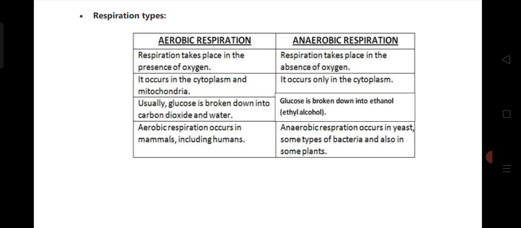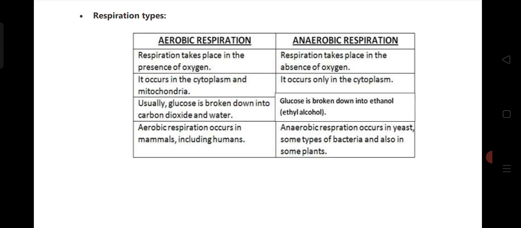Aerobic respiration takes place inside the cytoplasm and the mitochondria, whereas anaerobic respiration occurs only in the cytoplasm. So this is another difference.